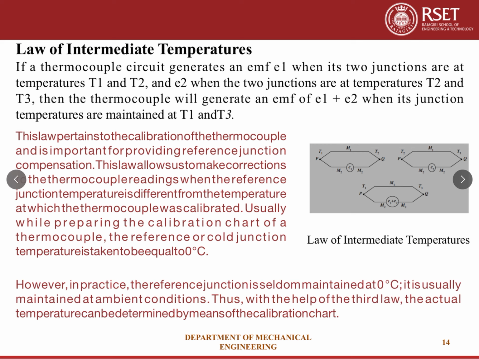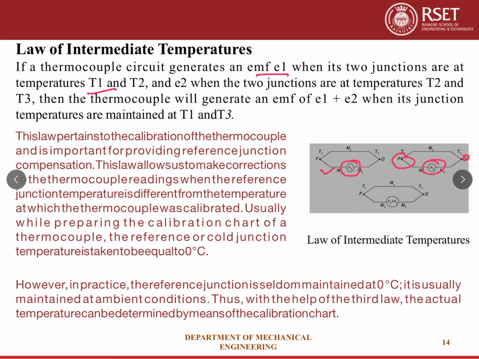So, the law of intermediate temperature. That's the third law. If a thermocouple circuit generates EMF E1 when its two junctions are at temperatures T1 and T2, this is one circuit, so E1 is the EMF generated. When the junctions are at T2 and T3, the EMF generated is E2.